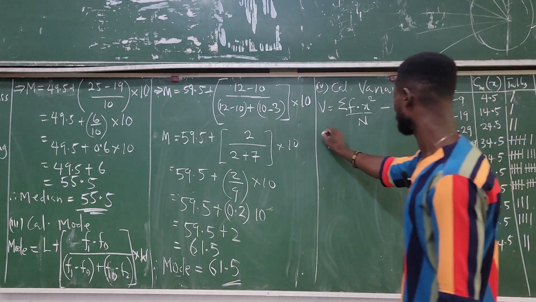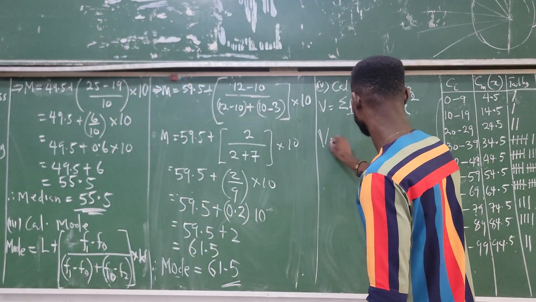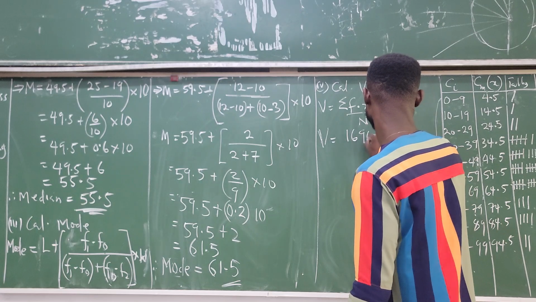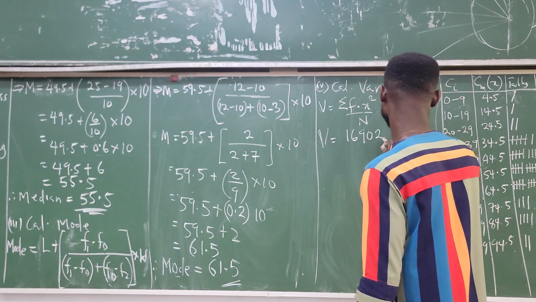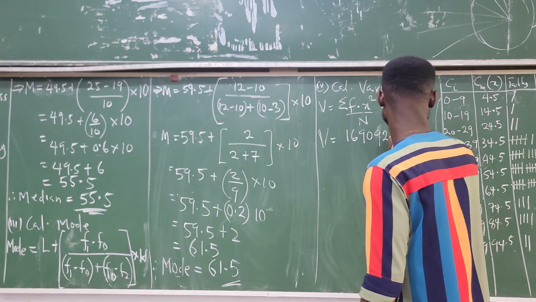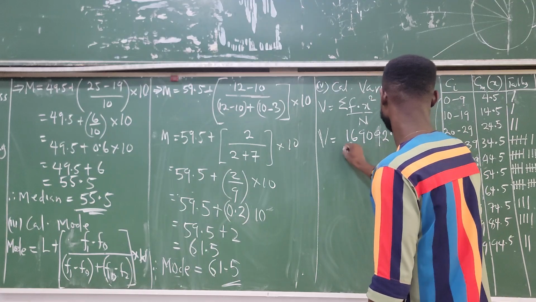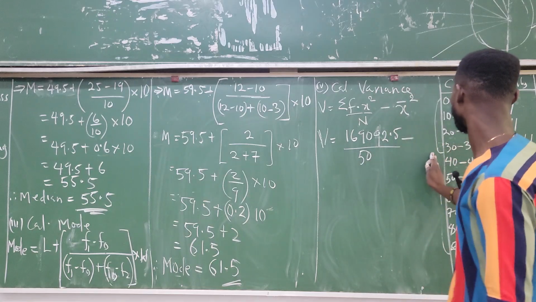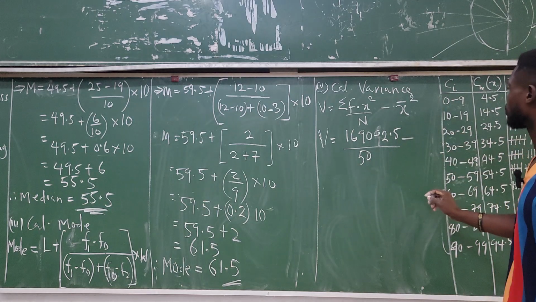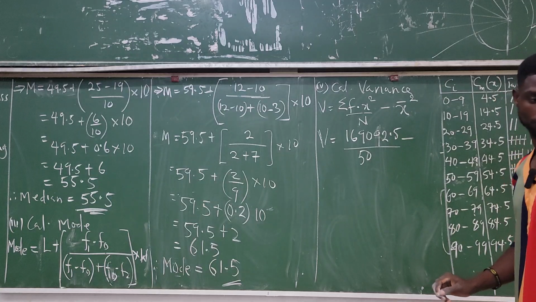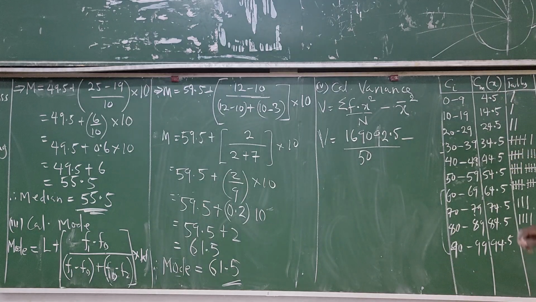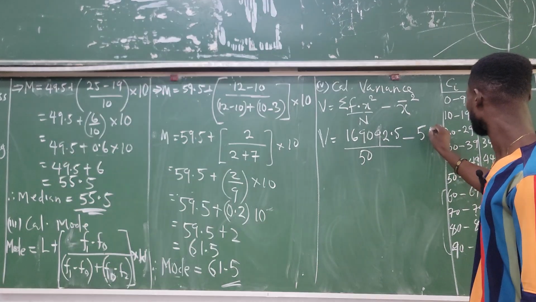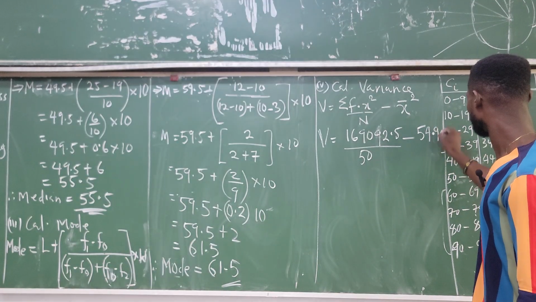So variance will be equal to 169092.5 all over 50 minus, what do you have as our mean? Our mean is 54.9, in square.